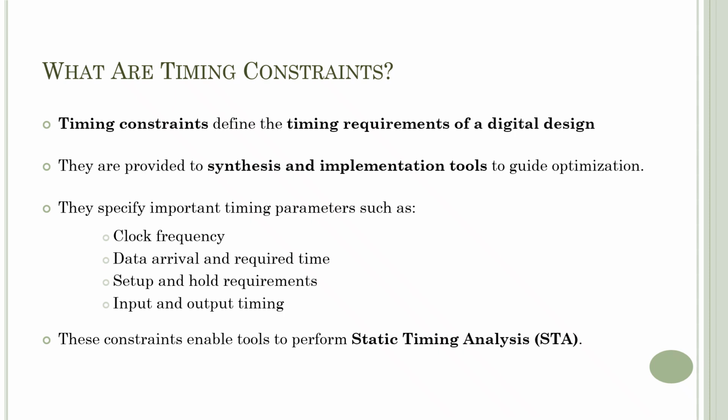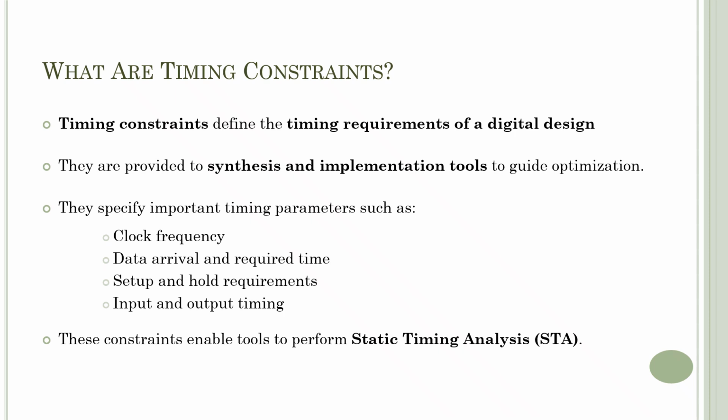Timing constraints typically specify several important parameters. First is the clock frequency, which tells the tool how fast the circuit is expected to run. Second is the data arrival time and required time, which define when signals should reach different parts of the circuit. Third are the setup and hold requirements, which ensure that the data is captured correctly by flip-flops relative to the clock edge.